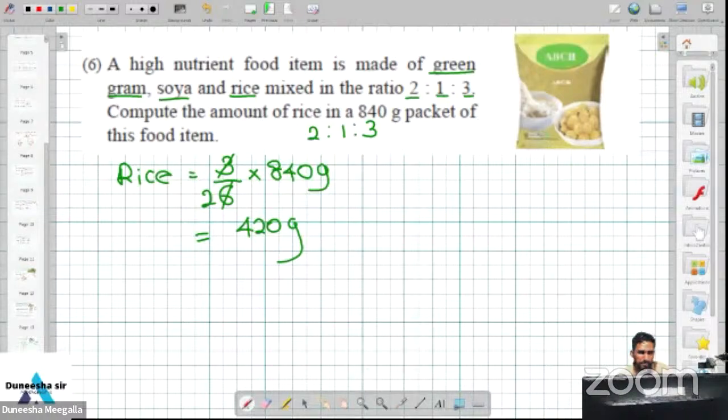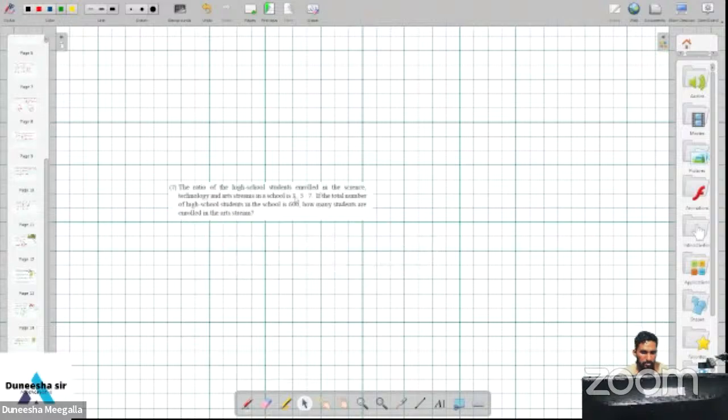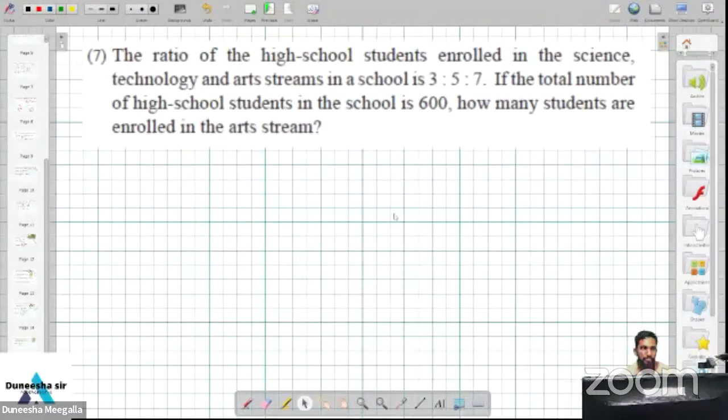After you finish, raise hand. The ratio of the high school students enrolled in science, technology, and art streams in a school is 3 to 5 to 7.